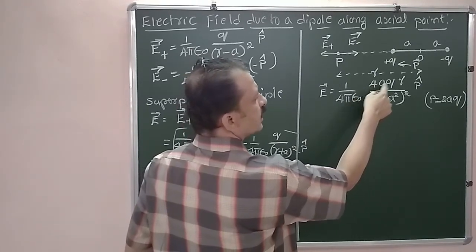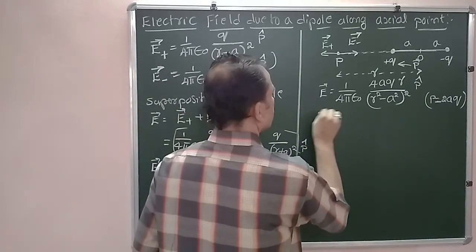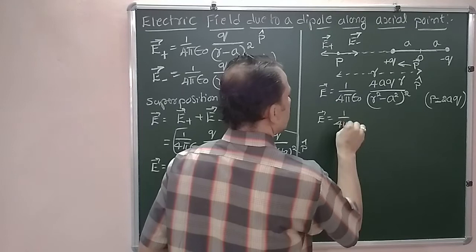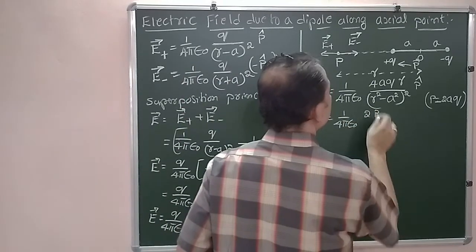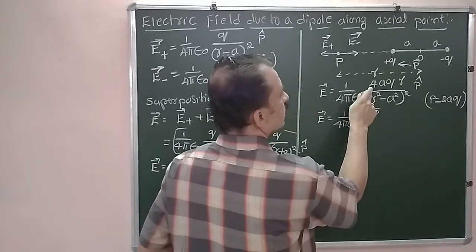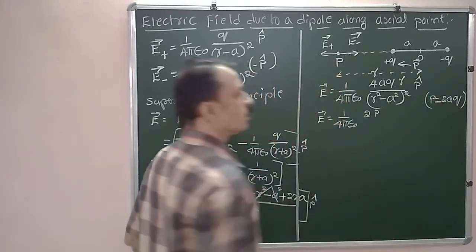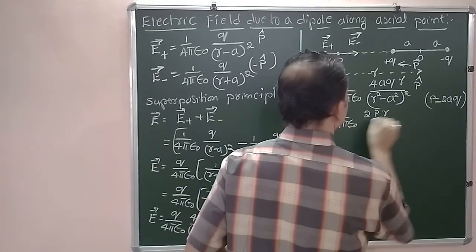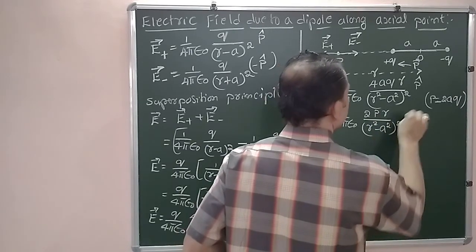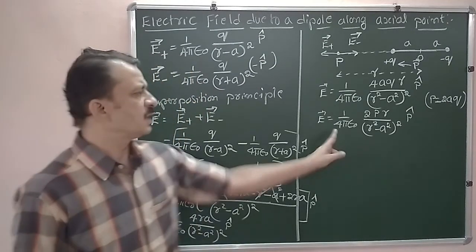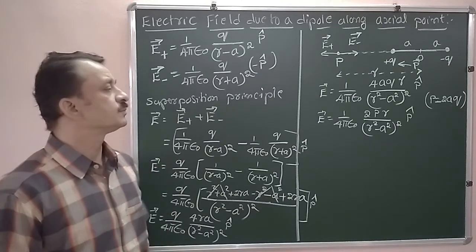Therefore 2aQ can be written as P. So therefore the electric field is given by 1 divided by 4 pi epsilon naught into 2P. 4 can be written as 2 into 2, and 2aQ is replaced by the dipole moment P. Therefore 2P into R divided by (R square minus a square) whole square with P cap. That is the expression for electric field along the axial point.